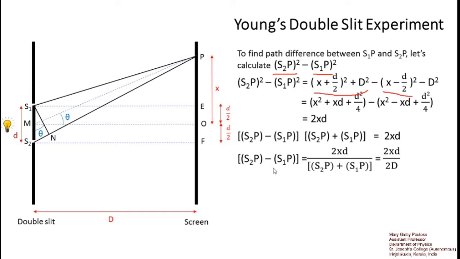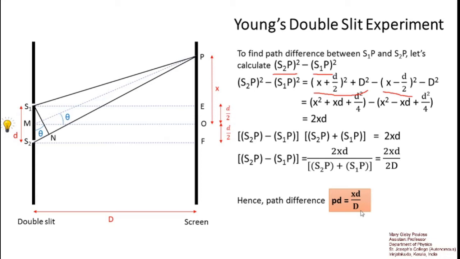That is why we don't take this difference S2P minus S1P to be 0. We don't take that because even that small difference creates the interference pattern. So we need to find that small difference, and in the summation term we take it to be approximately equal to capital D. Here the path difference is obtained as xd divided by capital D.